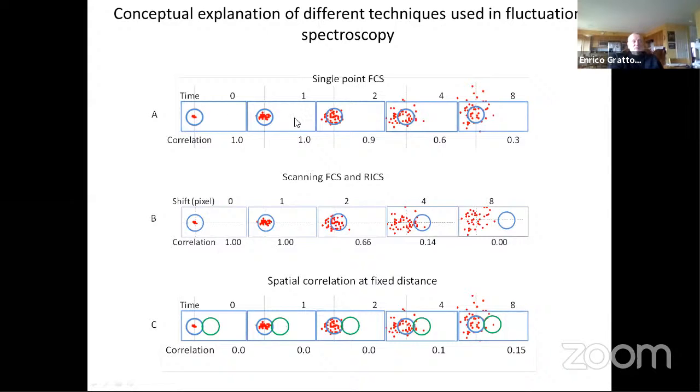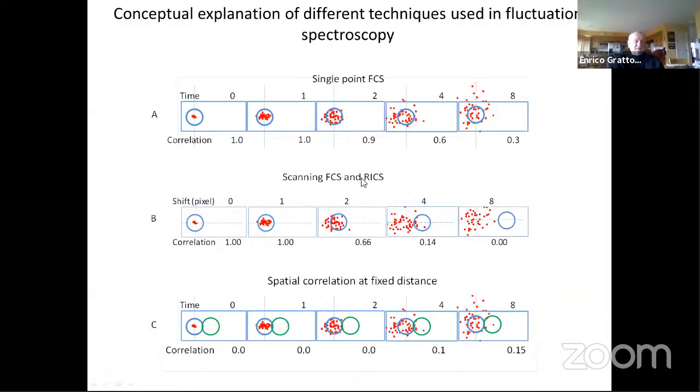But from here to here, some molecules have left, so the correlation function will decrease. And then the farther we go, we approach the average value of molecules in a given volume, which is what we subtract, the famous one that we subtract in the equation. This is what happens in the normal single point FCS, which is what I explained this morning.